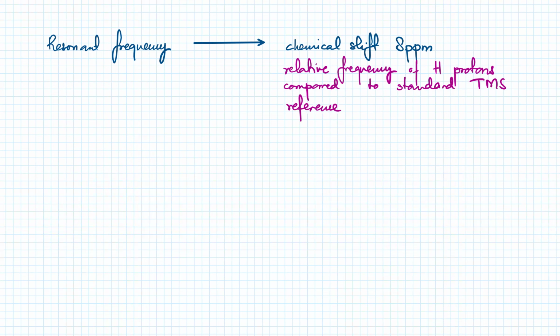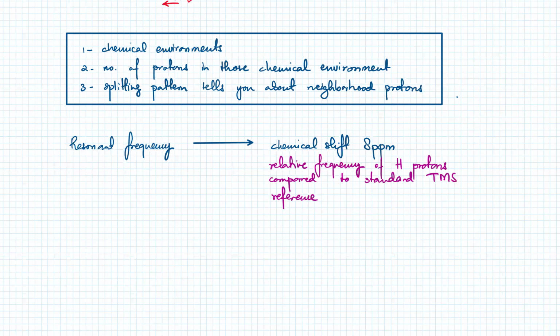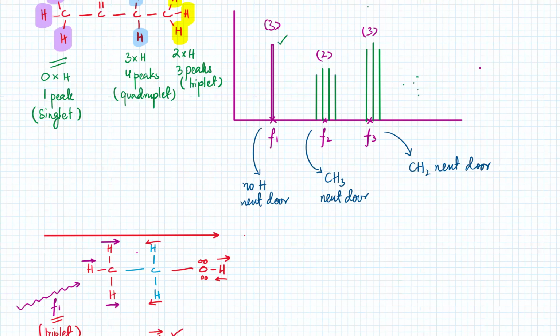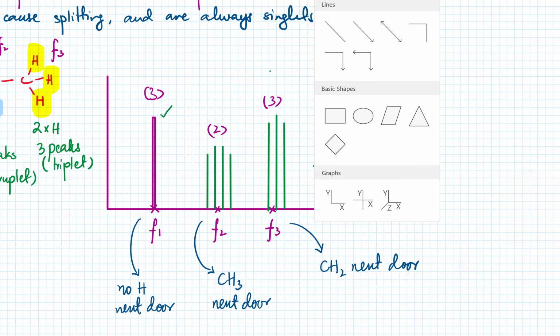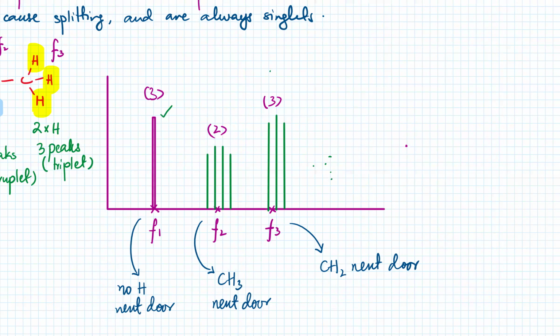So if you have a lot of hydrogen protons resonating like this, you're going to have a reference hydrogen proton peak over here. That's at 0 delta parts per million.